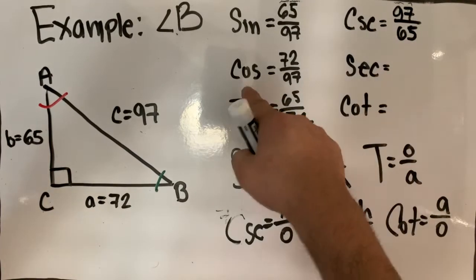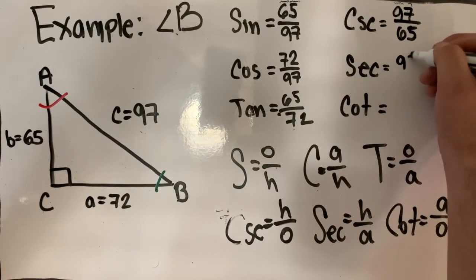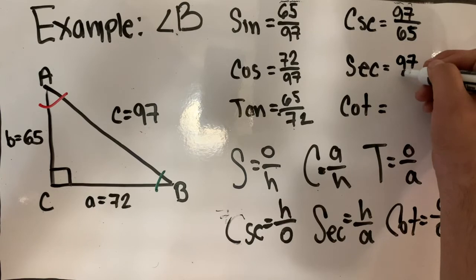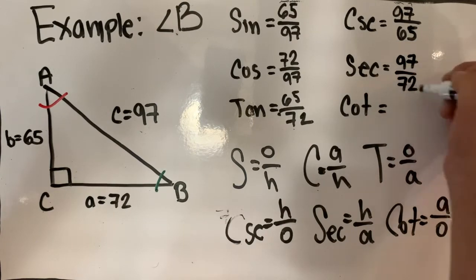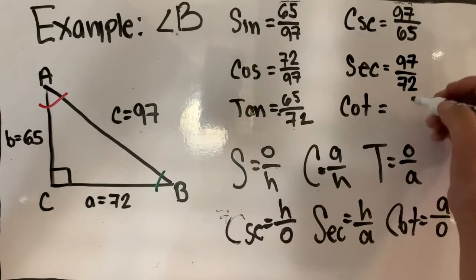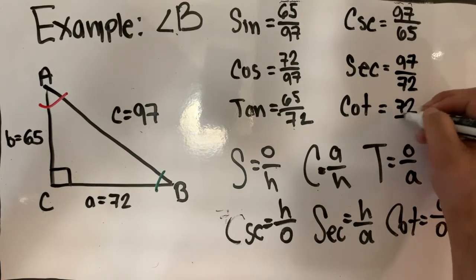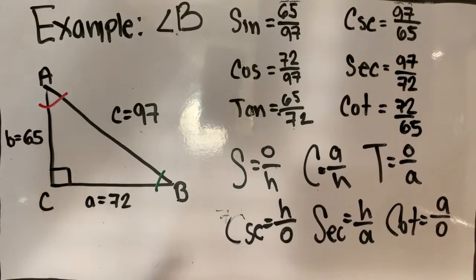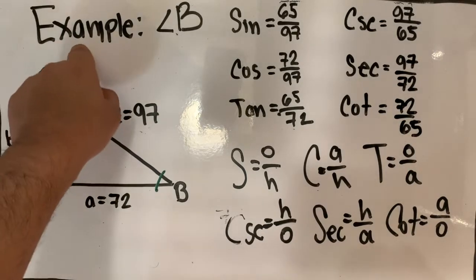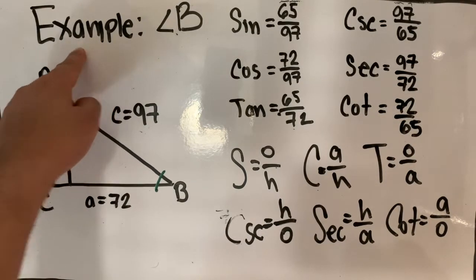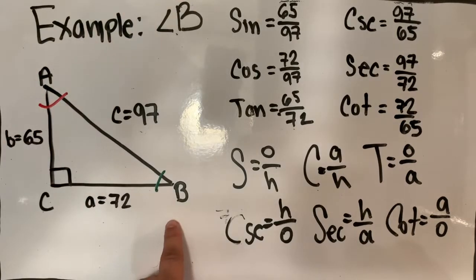The secant is the opposite of cosine, so we're going to write 97 over 72. And the cotangent is the opposite of tangent, so we're going to write 72 over 65. And this example is now done. We found all the different functions for angle A and angle B.